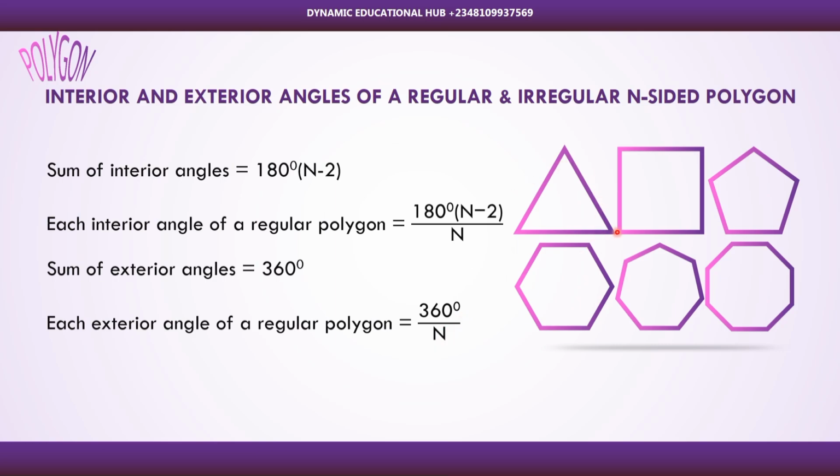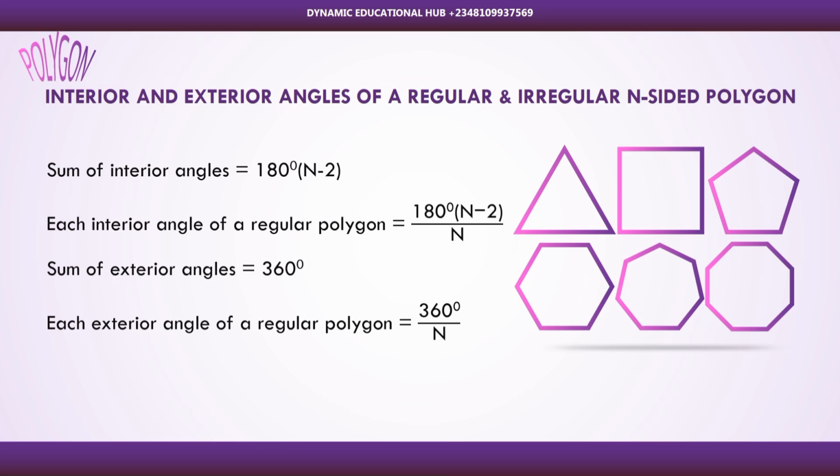For instance, the exterior angle of this equilateral triangle is 360 degrees divided by 3, and that is 120 degrees. For this, we have 360 degrees divided by 4, and that is 90 degrees. And for this, we have 360 degrees divided by 5, 72 degrees. So that is how to use this formula.